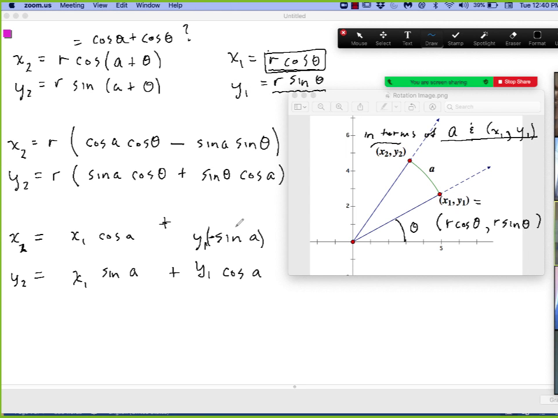Across the rows and down the columns. Marching across the row, down the column, multiplying and adding. Ring a bell? Is that matrix multiplication? Yes. So what two matrices would we multiply together that would result in these equations?